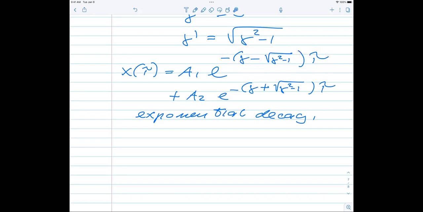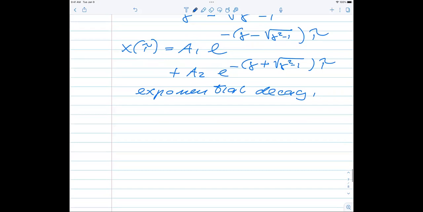Over the long term, if gamma is large, this term here will be the one which dominates. The typical analysis you can do is to look at minus gamma plus the square root of gamma squared minus 1, in the case where gamma is much, much larger than 1. What happens then is that this term here goes to 0.